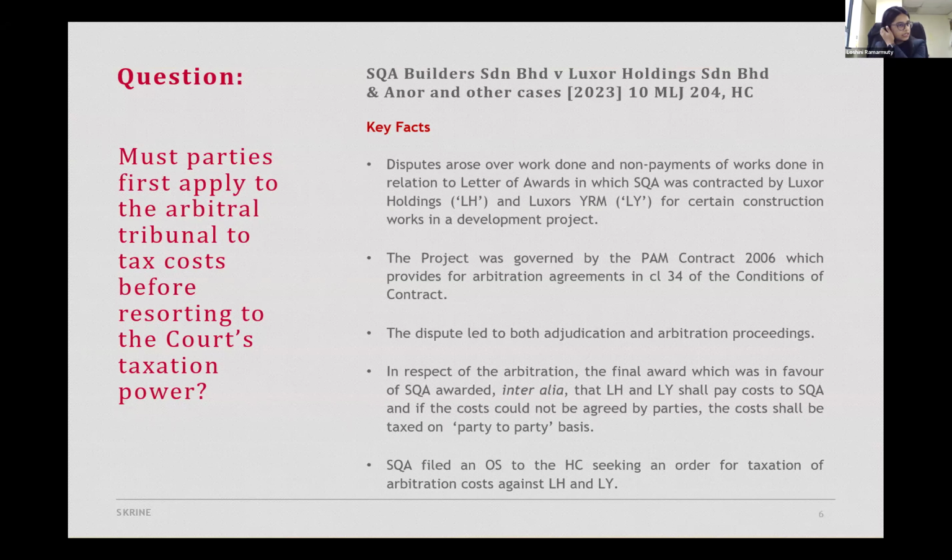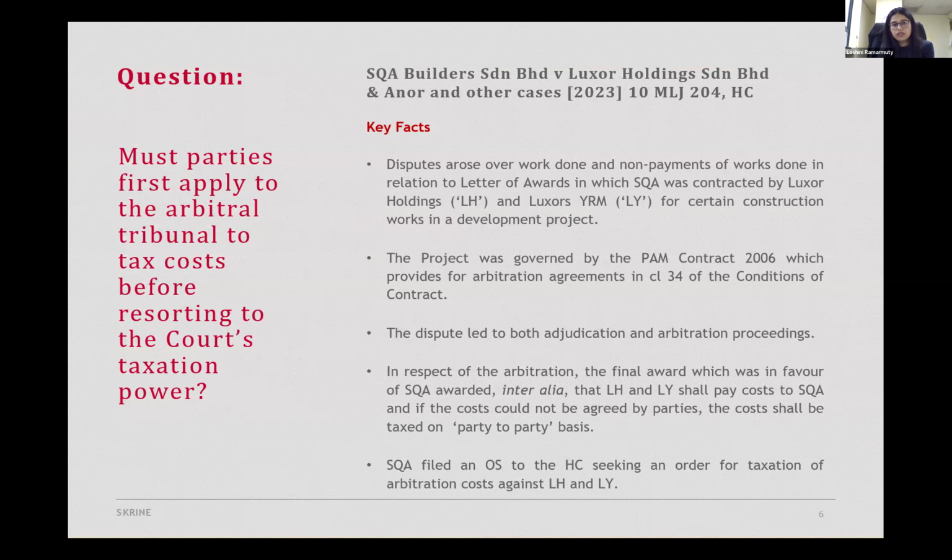This issue was discussed quite extensively in the High Court case of SQA Builders Sendirian Berhad and Luxor Holding Sendirian Berhad and another. The facts of this case are quite straightforward, but I'll give you a little bit of background. SQA was appointed by Luxor and another entity, Luxor YRM, as the contractor for certain construction works in a development project.